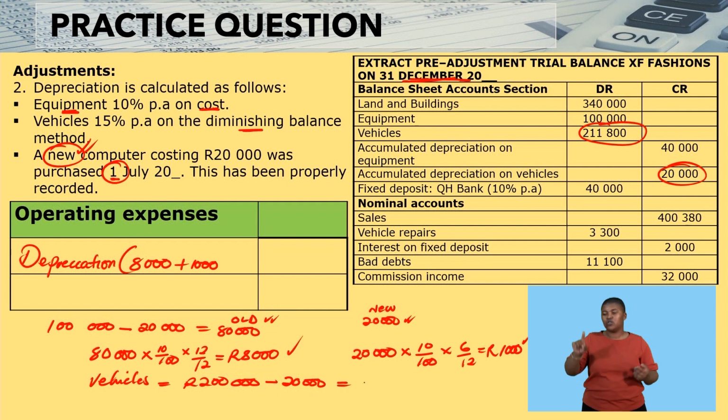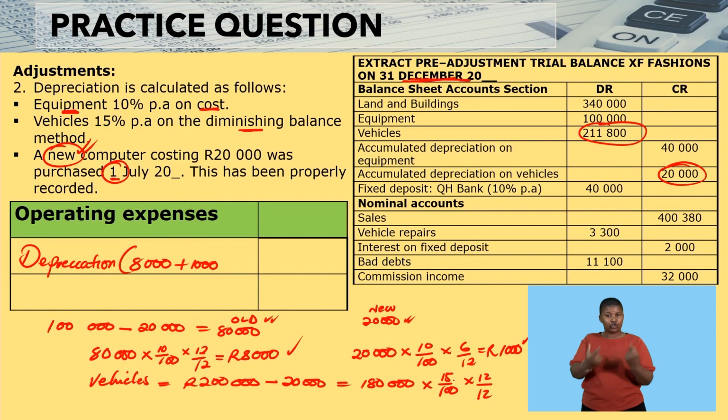I will now be left with 180,000. From the 180,000, then I'll say multiply that by the depreciation rate, which is 15 over 100. Multiply this by 12 over 12.